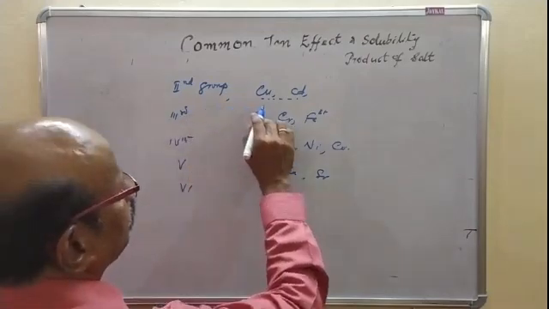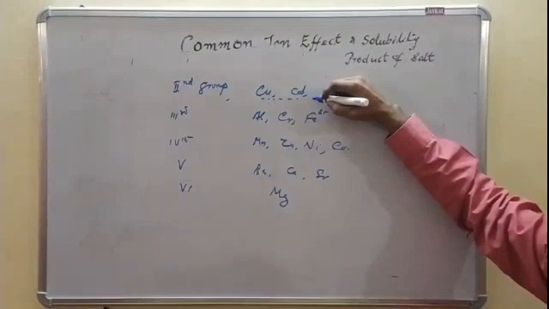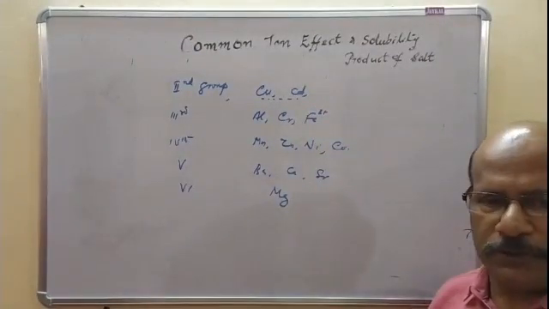You consider the case of the second group. In the second group, we wish to precipitate only copper and cadmium, while all other cations are to remain in the solution.